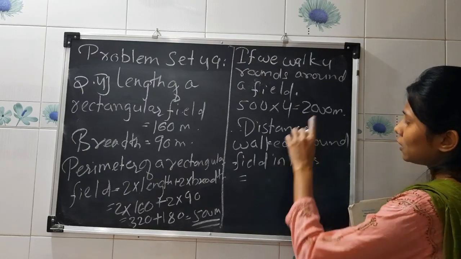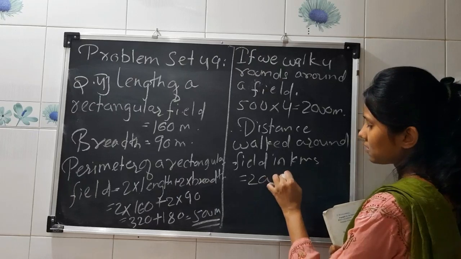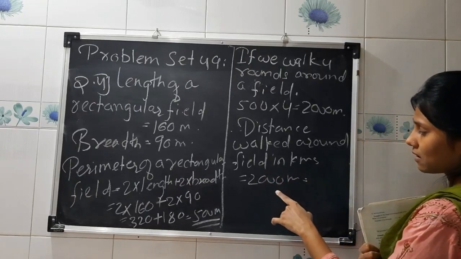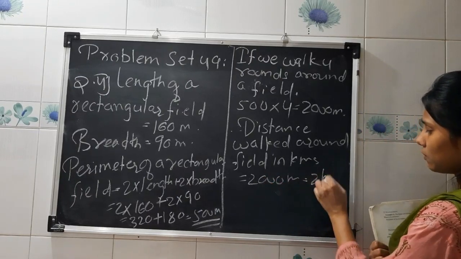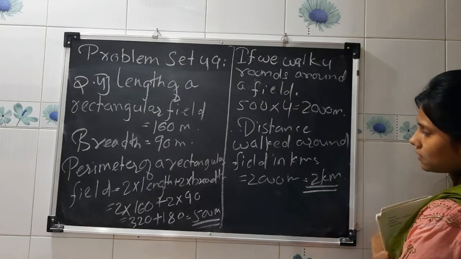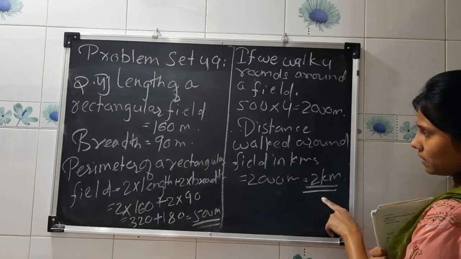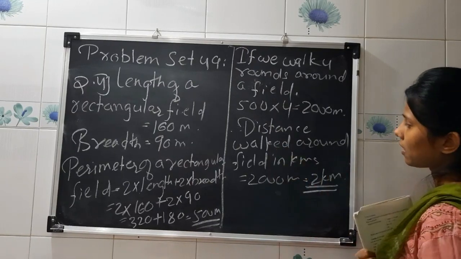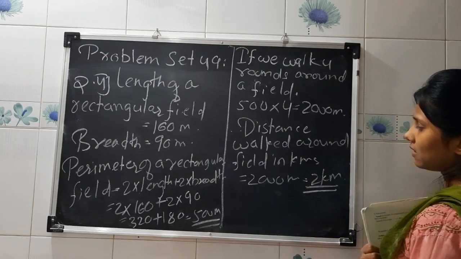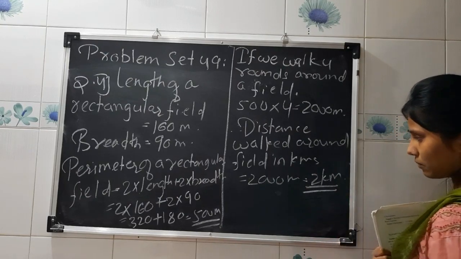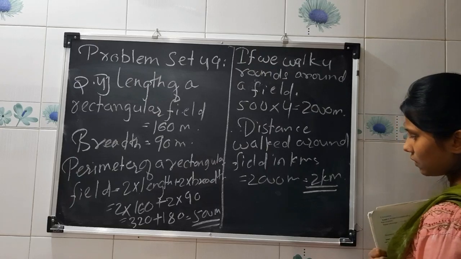So therefore 2000 meters is how much kilometer? 2 kilometers. Okay, so your answer is 2 kilometers. Distance walked around the field in kilometers is 2 kilometers. Okay.